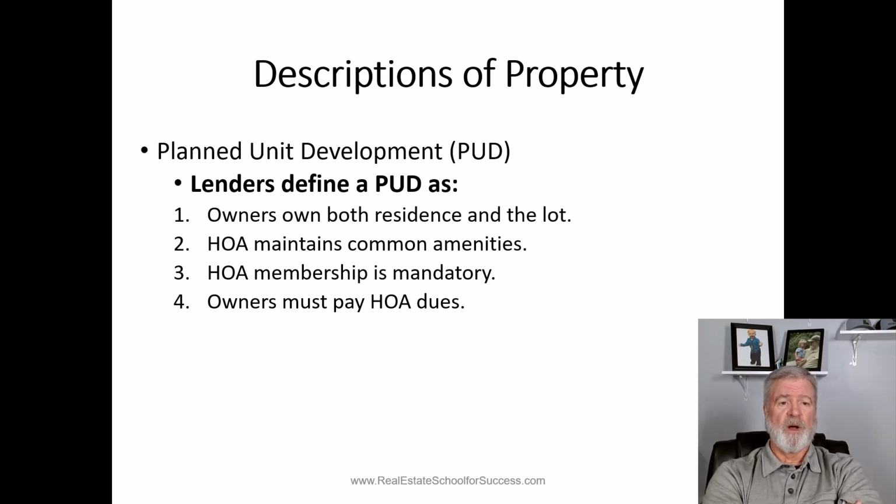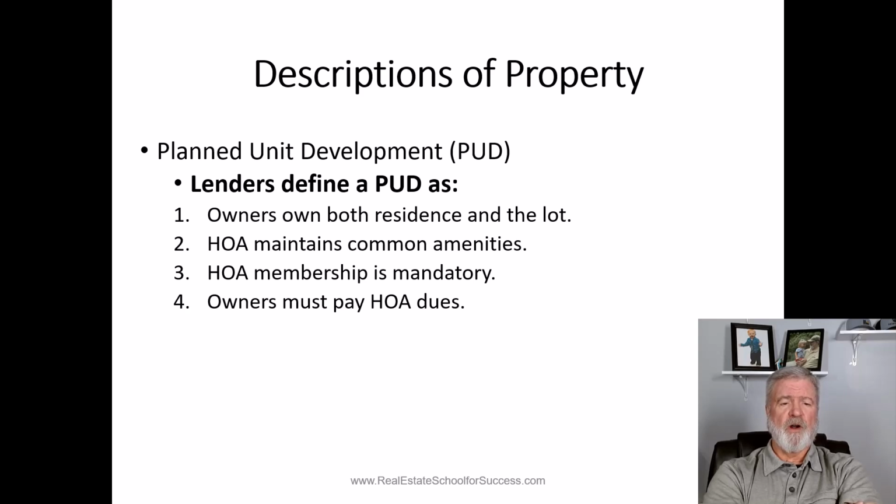Obviously, the owner must own both the house, the residence, and the land. There is an HOA that maintains all the common areas. HOA membership is mandatory. You have to pay your HOA dues.